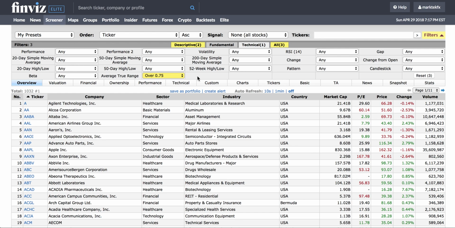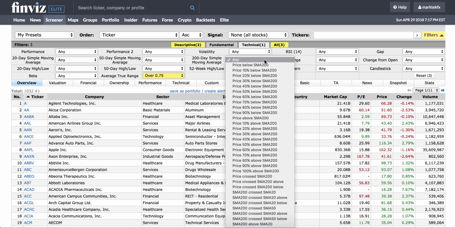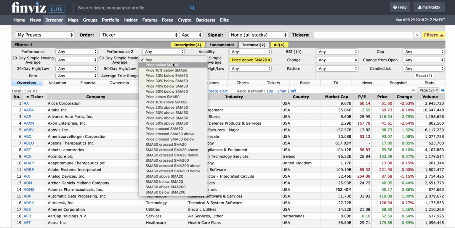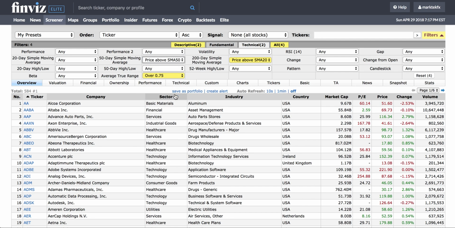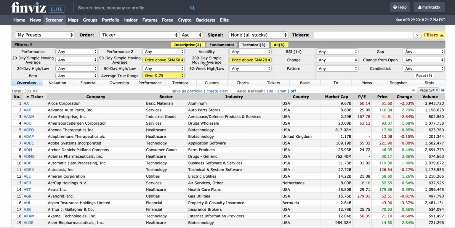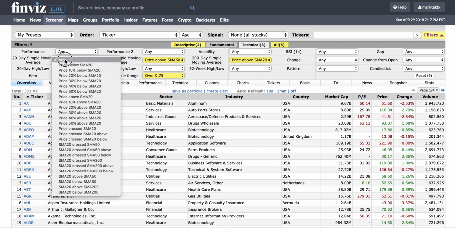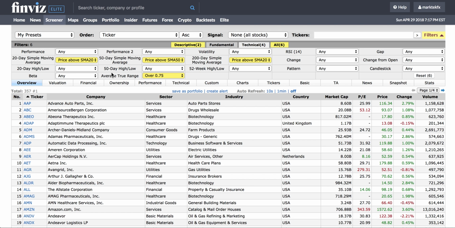If you're looking for strong stocks, then you want to be looking at stocks generally trading above the 200-day moving average. You also want to have a stock moving over the 50-day moving average. So the 200-day moving average is a long-term view of the particular stock, the 50-day is an intermediate view. And if you want a stock which is really moving on a smaller time frame, which is the last 20 days, then you want it over the 20-day moving average.